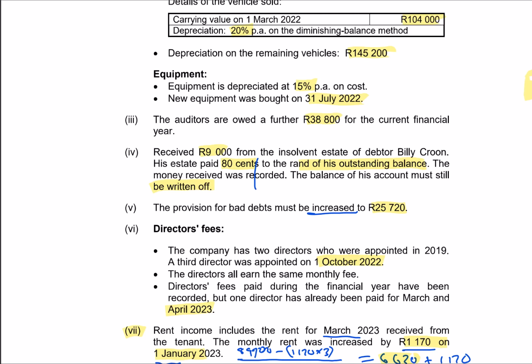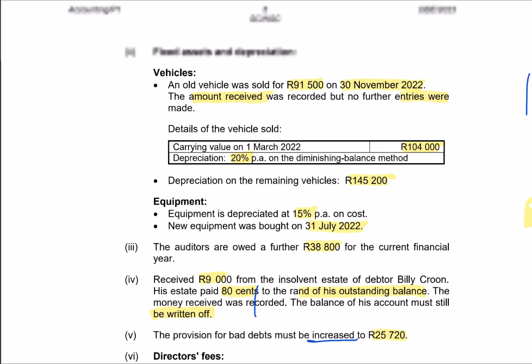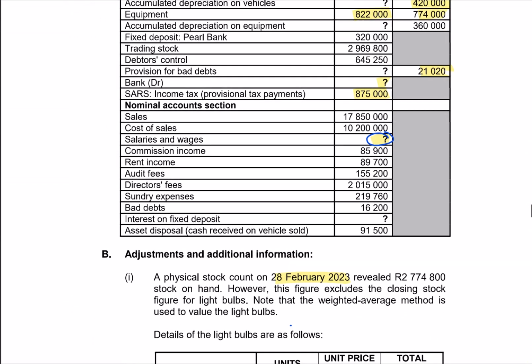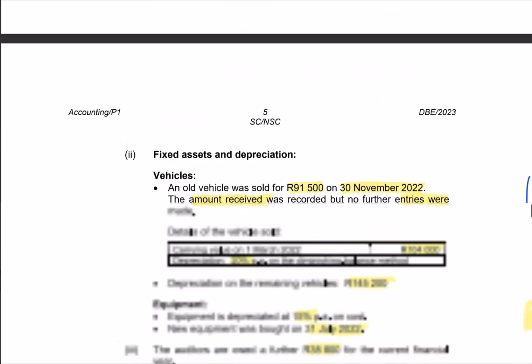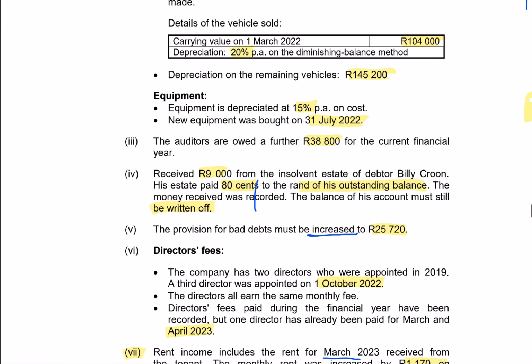So how much is the total director's fees? $2,015,000. I'll do the working right here. So we got 2,015,000. Right, how many months was the directors paid for?